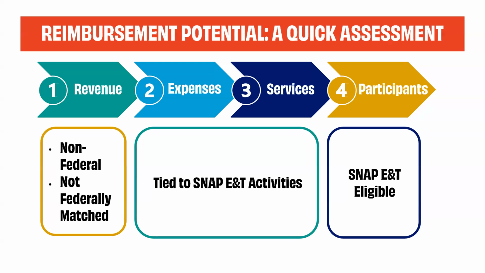And so what we've learned along the way is that this is not a traditional grant, right? This is a reimbursement model. And this graphic here really shows us that quick assessment that we can do to get us started thinking about how well of a fit we are for the SNAP E&T program, and thinking about your reimbursement potential. So first, identifying your non-federal funds, right?